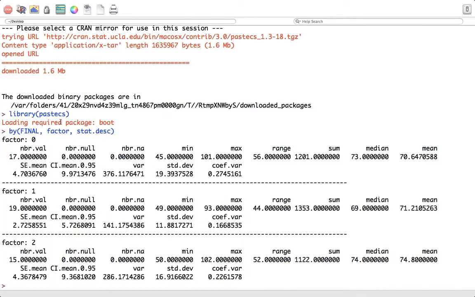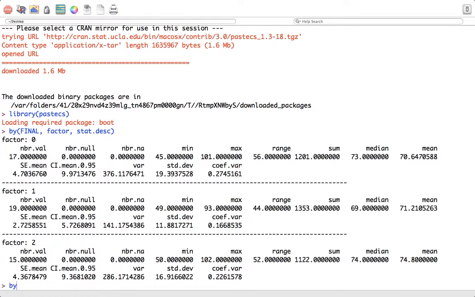What it does, it looks at the final exam scores across the factor I've specified, which would be the methods of instruction. And it gives me some basic descriptive statistics: range, median, mean. It gives me a 95% confidence interval. It gives me the standard error for the mean, variance, standard deviation, so on and so forth.